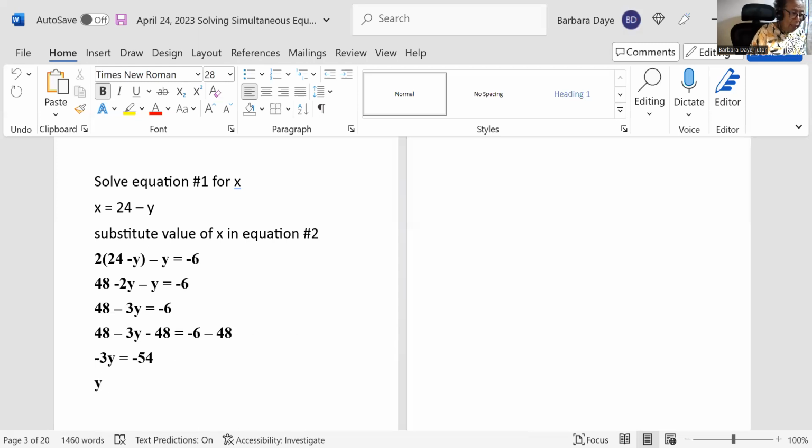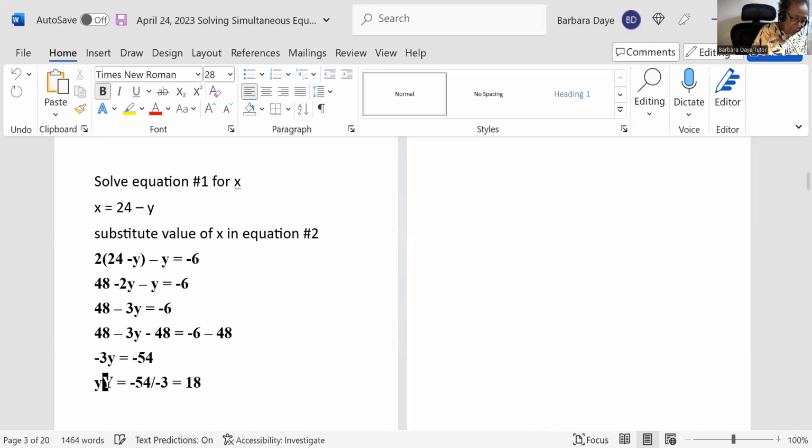So y will be equal to minus 54 divided by 3. And what's that equal to? Minus 18. 54 divided by negative 3, what's that equal to, Mercedes? 18. Okay, so we've got y equal to 18.